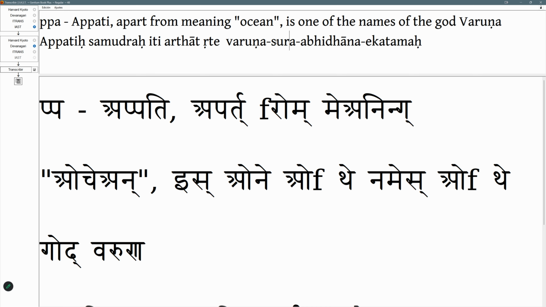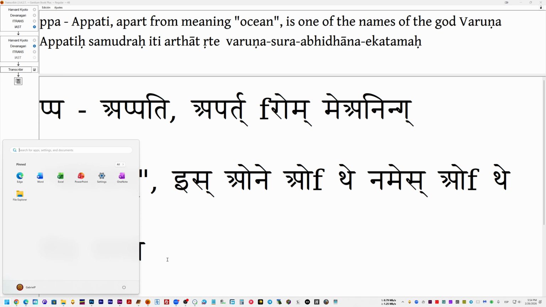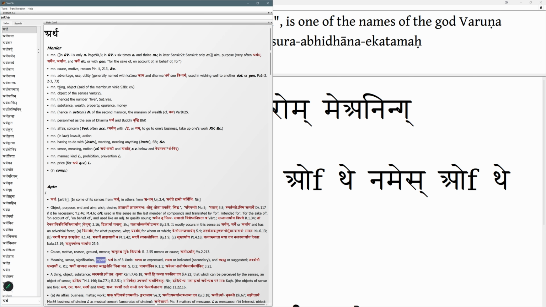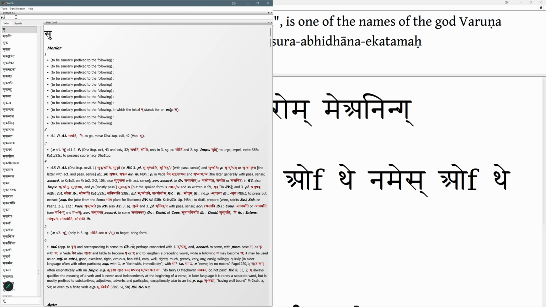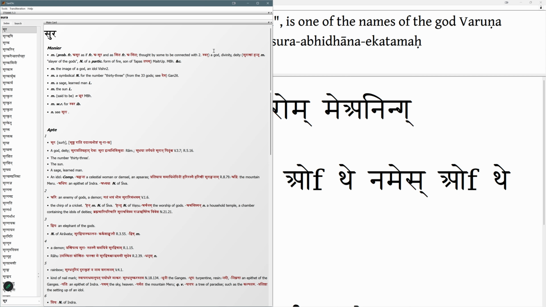Sura. That's why Asura is the opposite, demon. Sura God, Asura demon. In order not to use Deva, because Deva is the word for God of gods. So, Sura, a god, a deity.